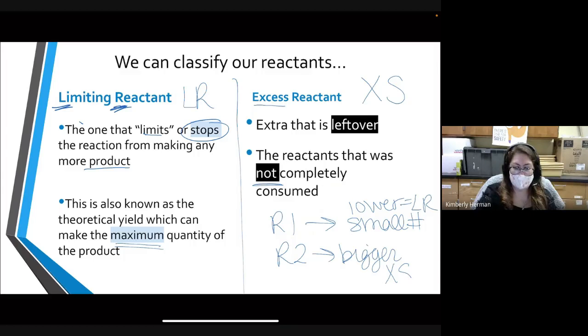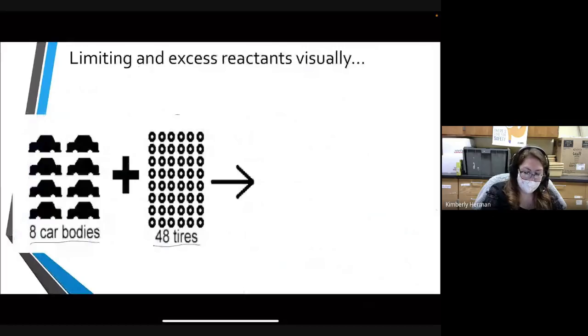And how we figure this out is that we're going to use our gram to gram conversion. If we're looking at it visually, we can see if we have 8 car bodies and 48 tires, each car is going to need 4 tires. So I have 4 here, 4 here, 4 here, each group of 4 as I keep going through, and we'll put together this car with this one, and so forth.